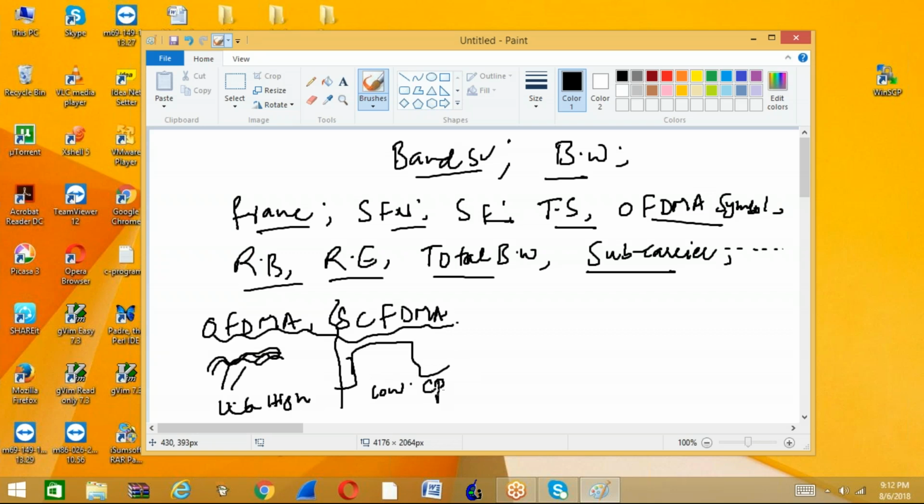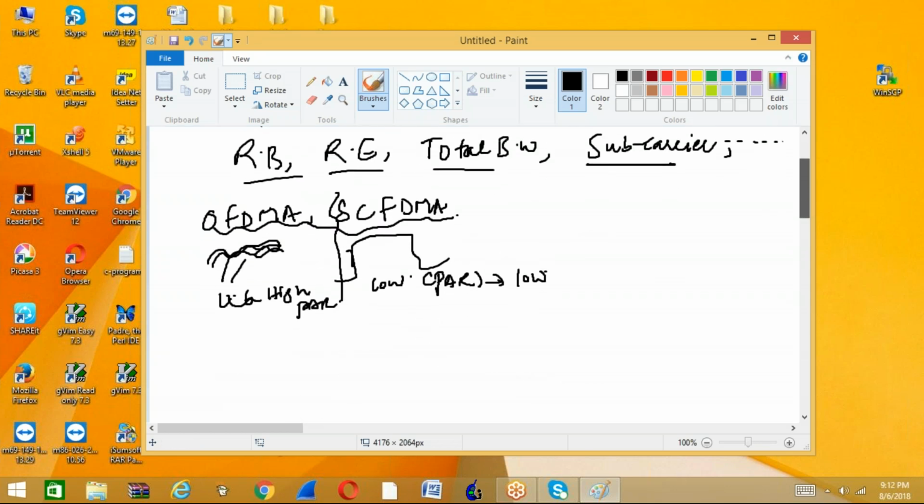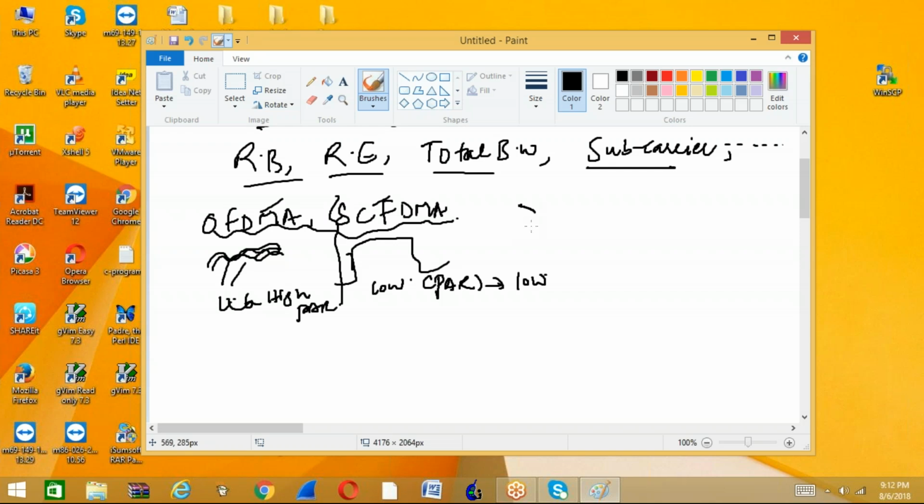In other words, the PAPR is low and the power efficiency is high. All these things we have seen, including the difference between OFDM and SC-FDM.